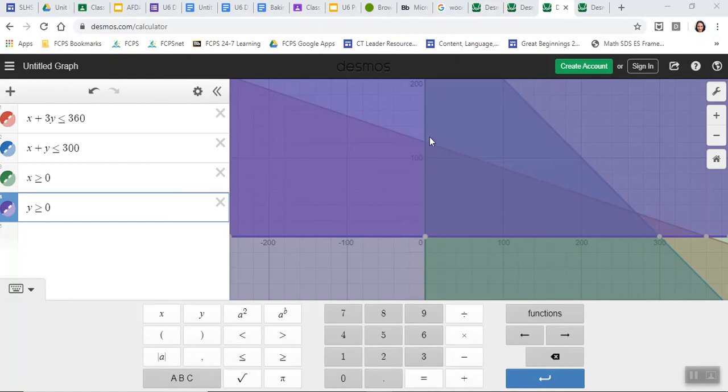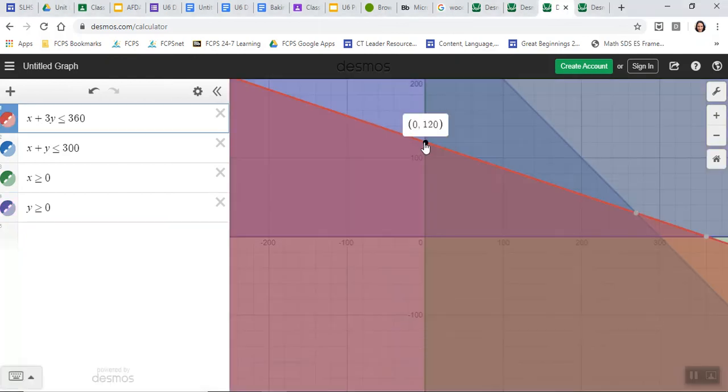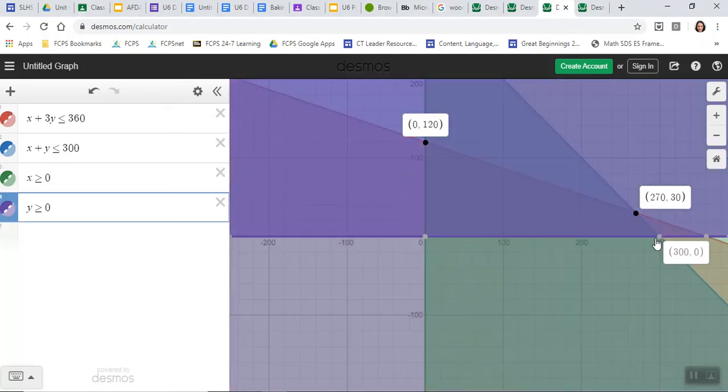Okay, so once you have it graphed, you're going to click on the corners. There's 1. There's 1. There's 1. And there's 1. And then you're going to write these corner points down on your paper. These are called the vertices. So I'm going to list the vertices.